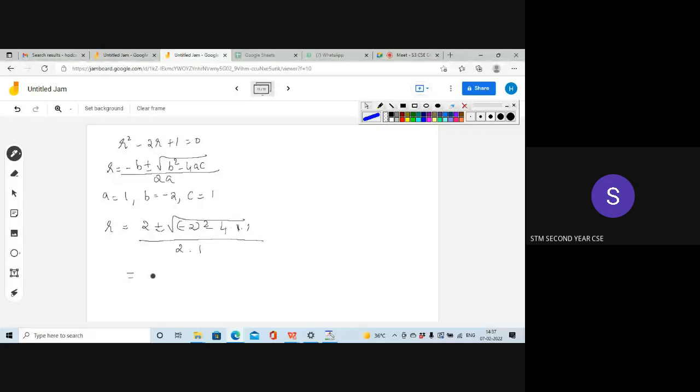You get 2 plus or minus root of 4 minus 4 by 2, and this becomes 0. 2 by 2 you get 1. So this is the root.